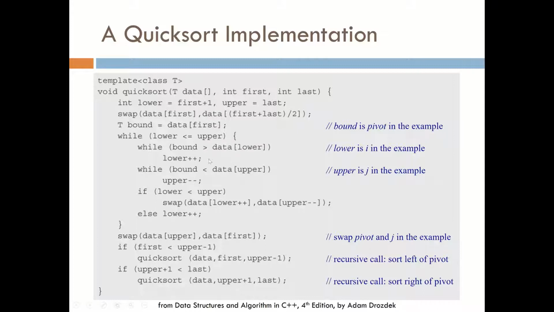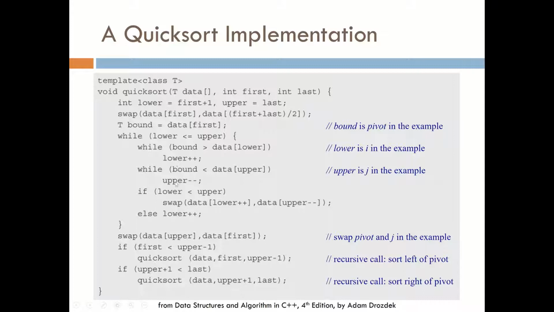It gets incremented. Okay, the upper index, I will call that J in the example, and that index gets bumped down. Okay, so that is an index that is decremented.